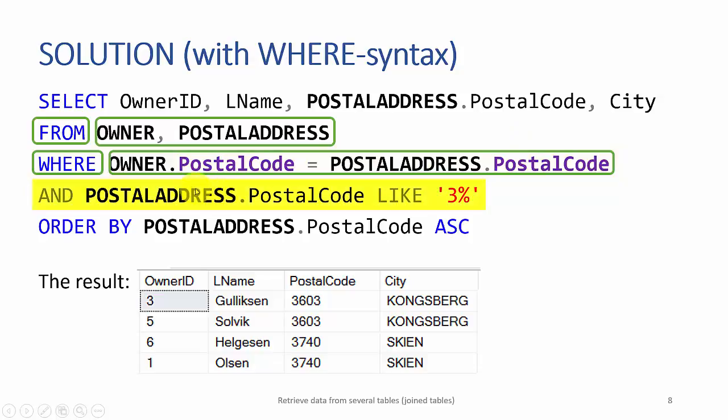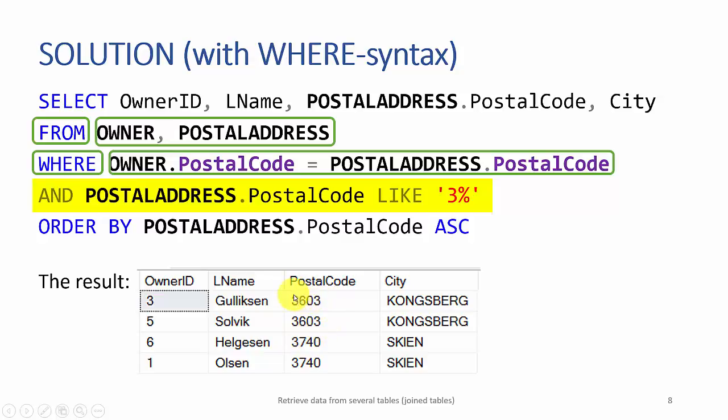We can also add other conditions, but we are not allowed to use where more than once. So if we want to add more conditions, then we add it with the AND operator. So we can have and so many as we want down here. So and postal address dot postal code like 3 and the % sign, which means that I will only have in return those rows where the postal code starts with the number 3.